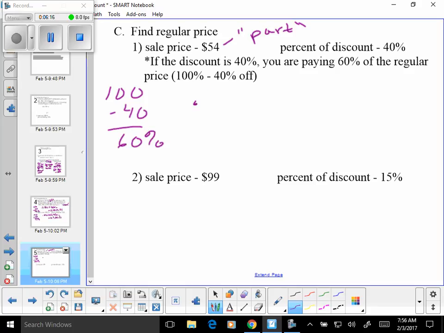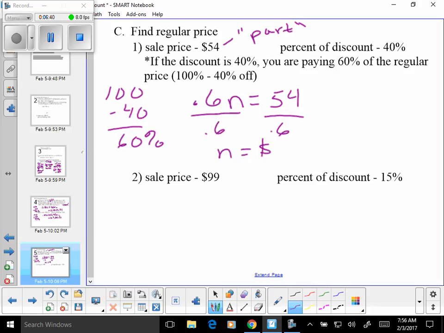Now we know our percent. We do not know our regular price. That's N. Remember, regular price is a whole, and it's going to equal our part, which is 54. So we are going to divide both sides. Let's try it again. We're going to divide both sides by 0.6.